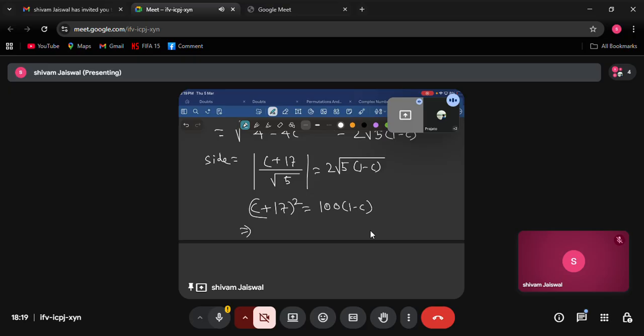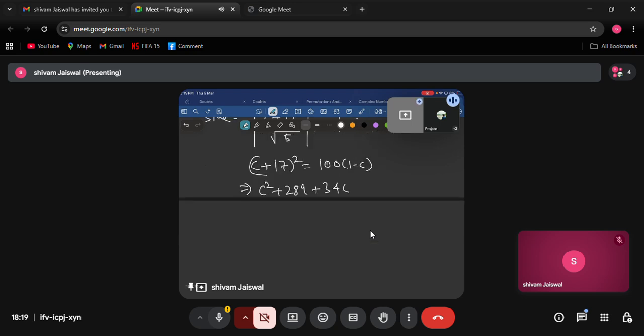This will give us c square plus 289 plus 34c. Since it is the intercept, we have to take mod in the end, okay? Plus 34c is equal to 100 minus 100c. c square plus 134c plus 189 is equal to 0.